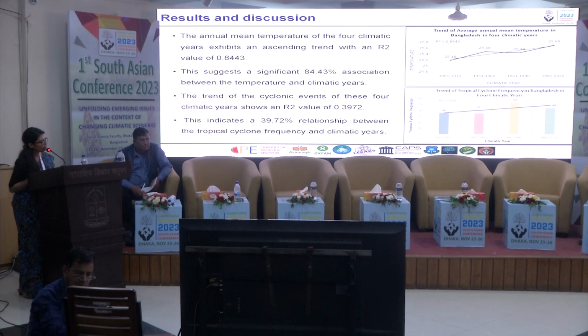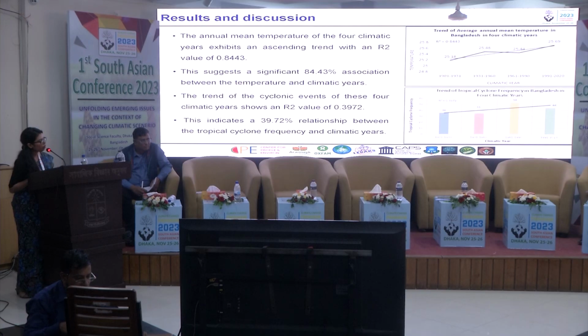And the second graph shows the scenario of climatic events that took place in these climatic periods. In 1901 to 1930, there were 36 tropical cyclonic events in this region that hit Bangladesh. In the second period, there were 35 cyclonic events, and the upcoming ones were 54 and 44.